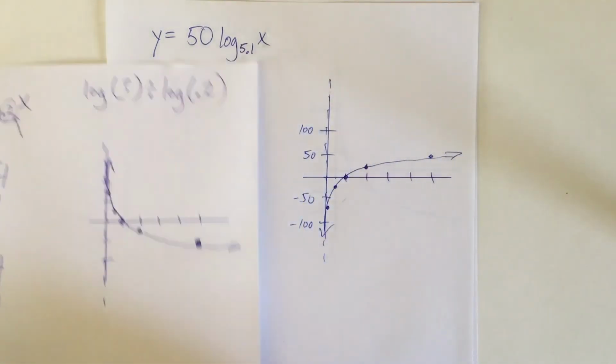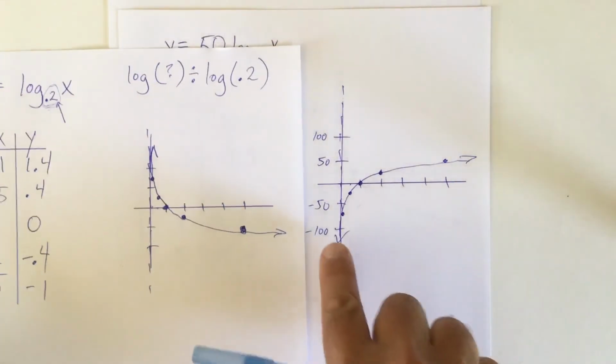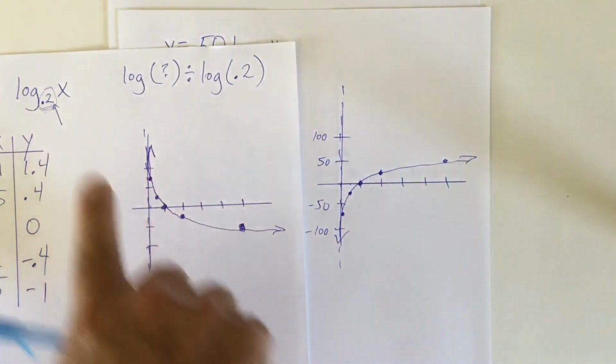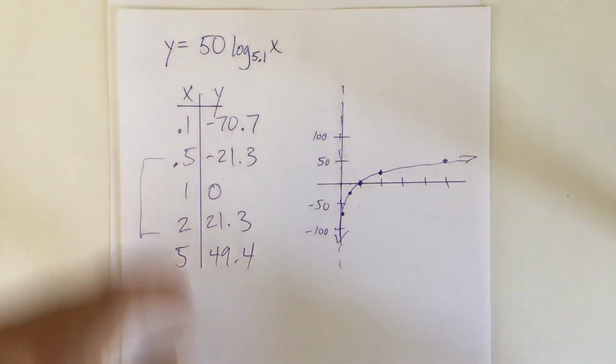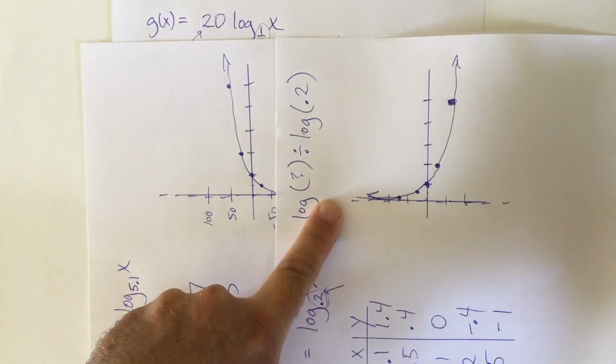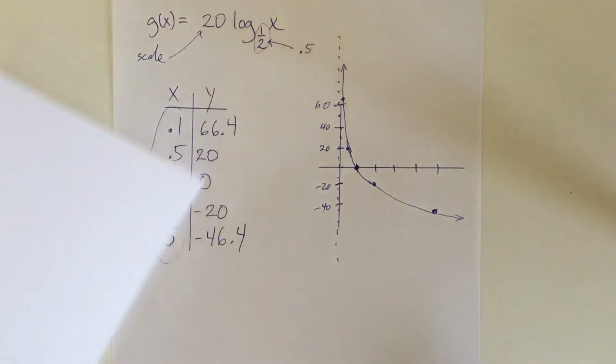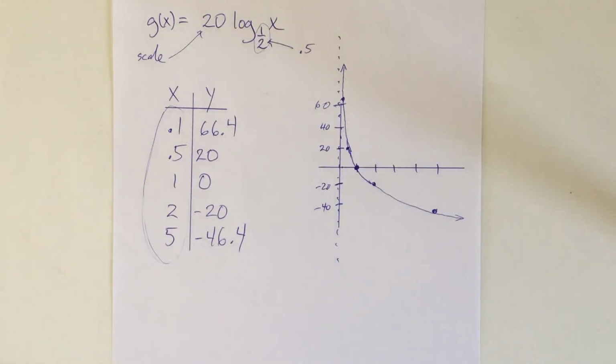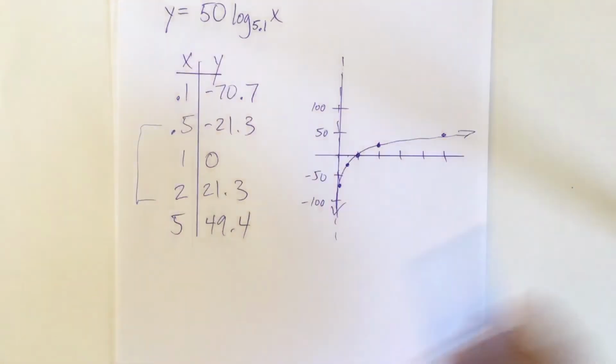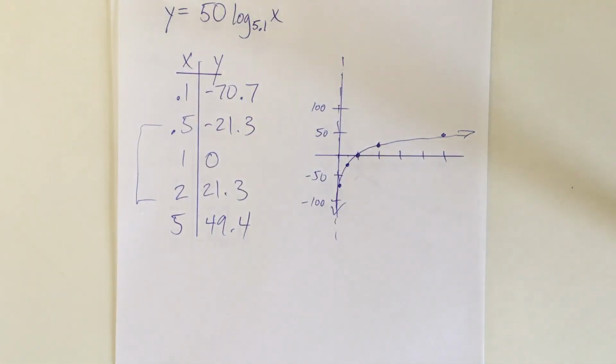So when you graph a log, all your answers either do this thing or this thing, kind of like when you graph an exponential. There is a method to what's happening. But once again, if you want to check your work, there it is.